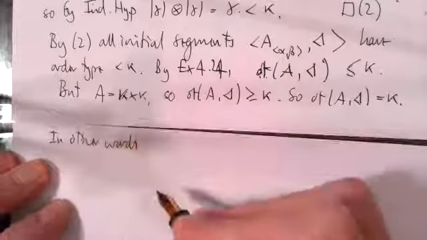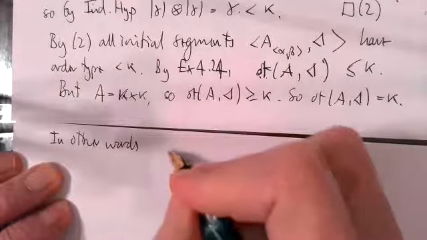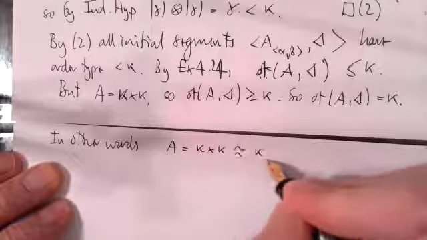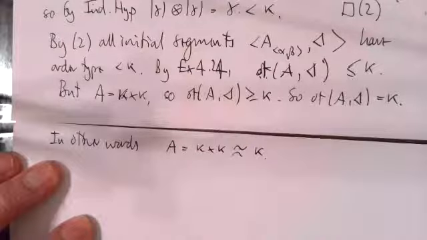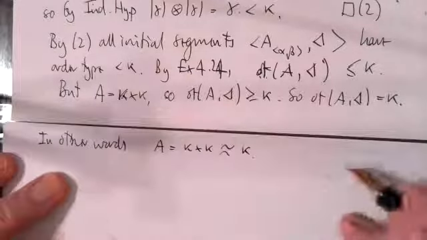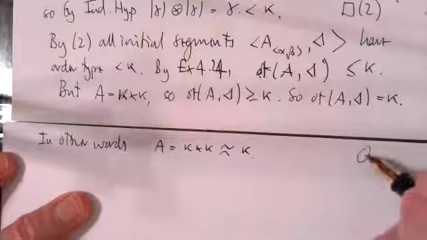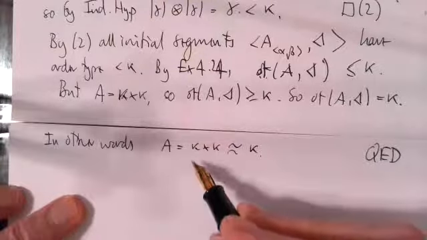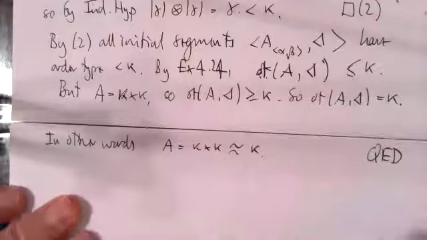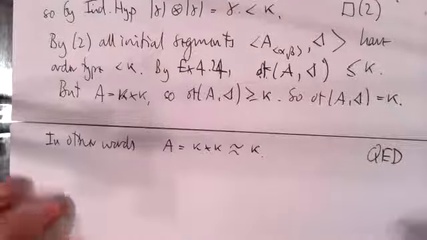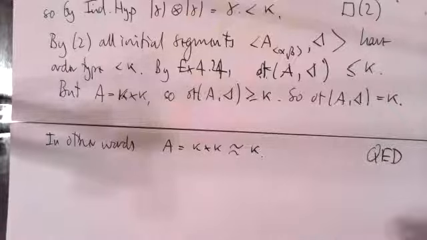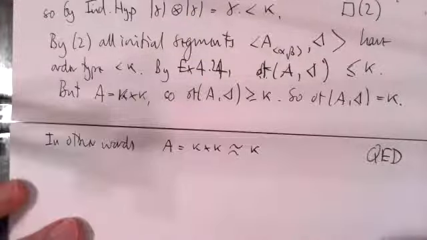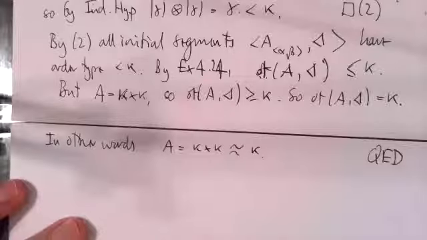So in other words, A, which is kappa cross kappa, is bijective with kappa, which is what the theorem was after. So we've shown that if it holds for infinite cardinals less than kappa, it holds for the infinite cardinal kappa. Therefore, by principle of transfinite induction, it holds for all cardinals kappa. And that completes the proof of Hessenberg's theorem.